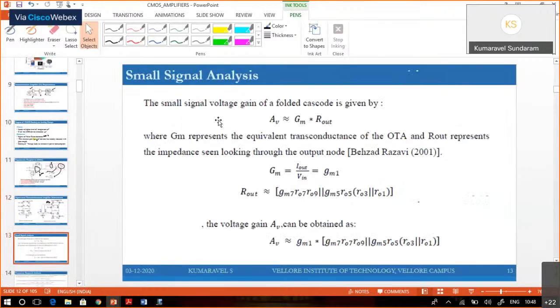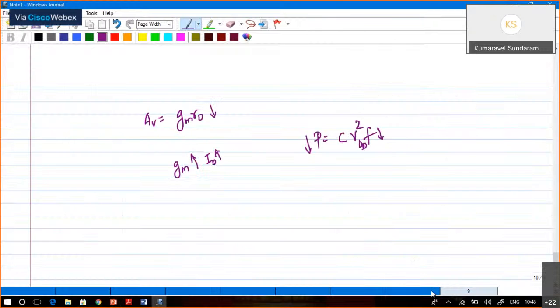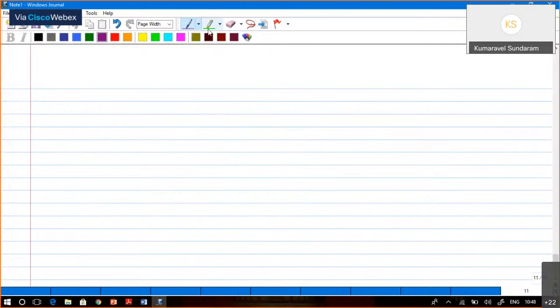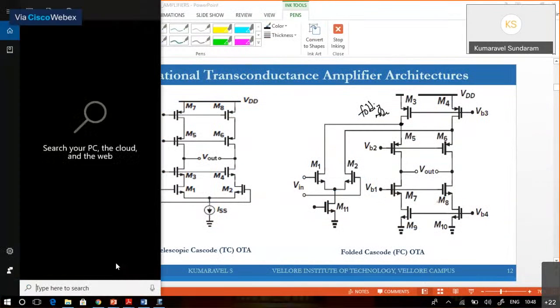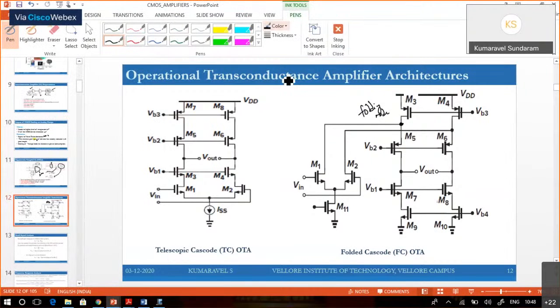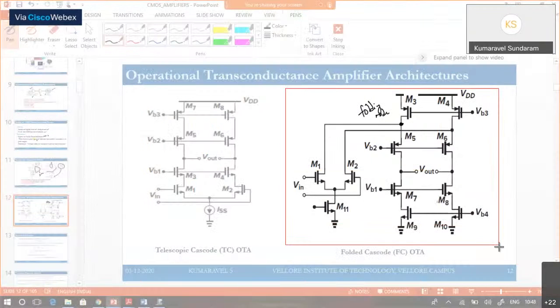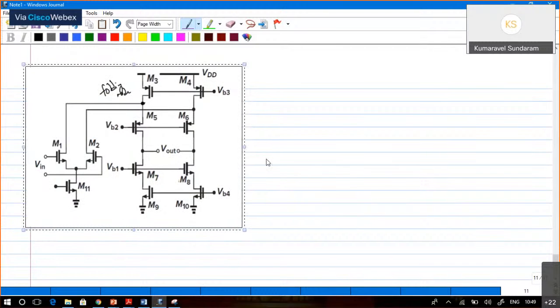So to understand this topology, let's take the folded cascode topology for our analysis so that we can understand in a much better manner. So this is the folded cascode topology.